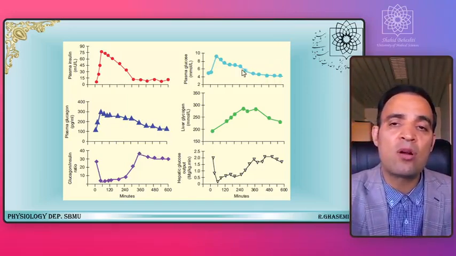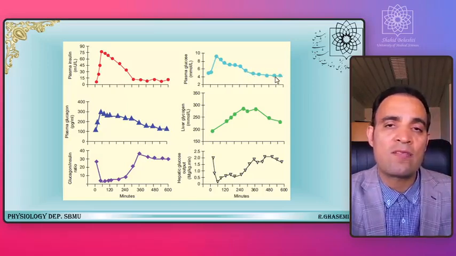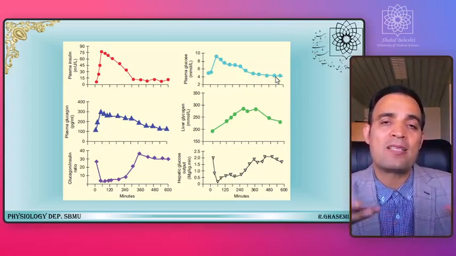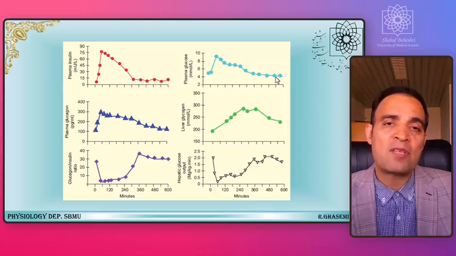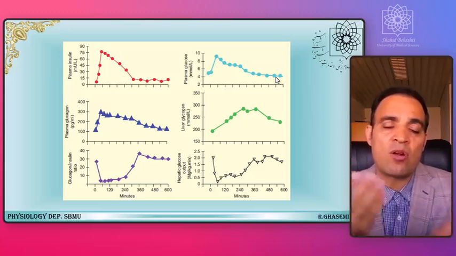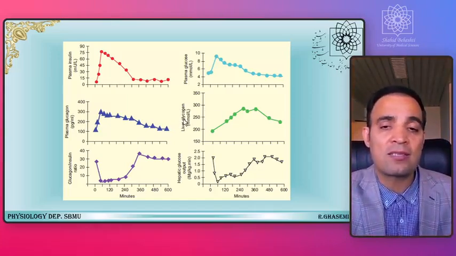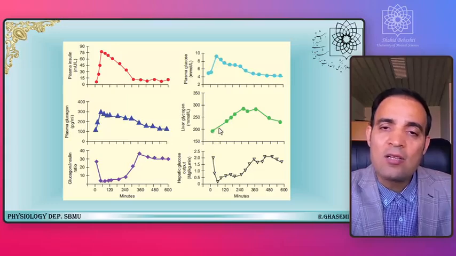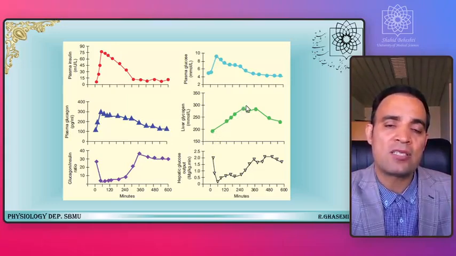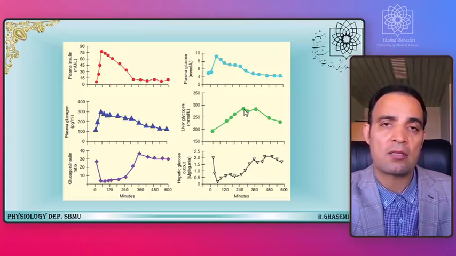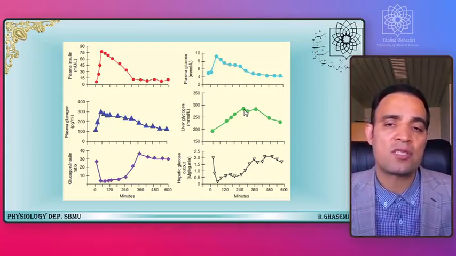This remaining of glucose at its normal level and not allowing it to drop is because of this play that we have between insulin and glucagon and the ratio of glucagon to insulin. Have a look at the liver glycogen content. Over time, the glycogen content of liver is increasing. It means that this high level of glucose, by the help of insulin, is converting into glycogen, and the storage of glycogen is increasing.